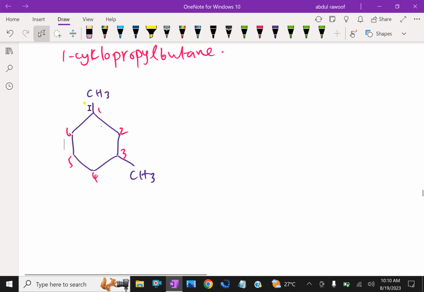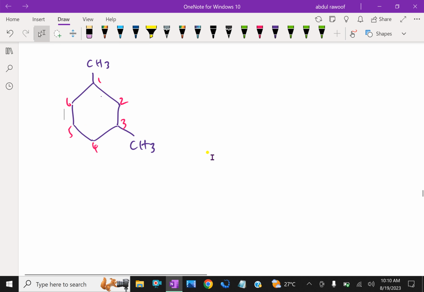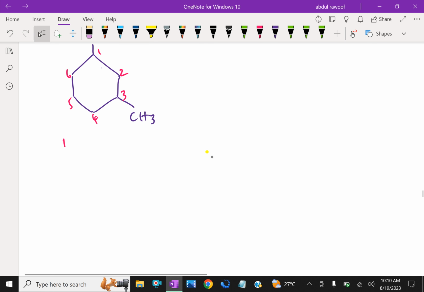Here the methyl groups are at point 1 and 3, and this is cyclohexane. So it is 1,3-dimethylcyclohexane.